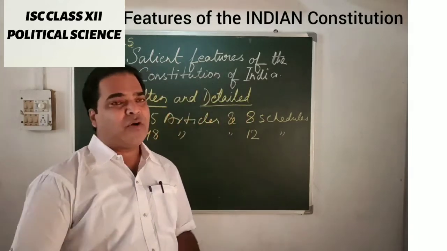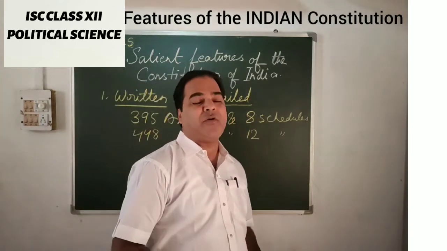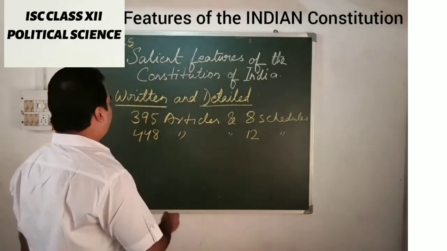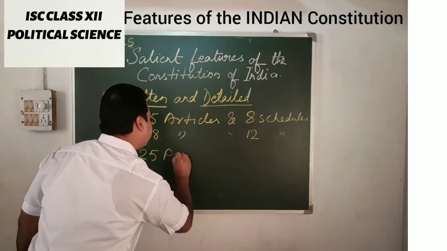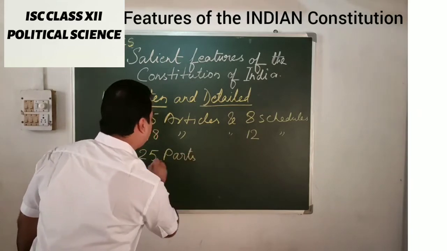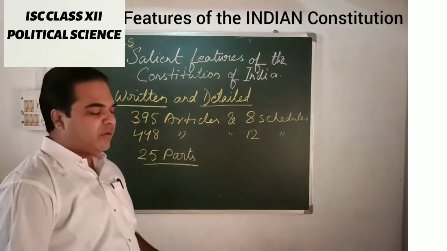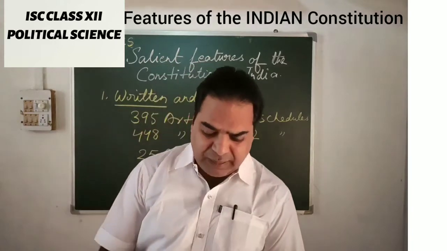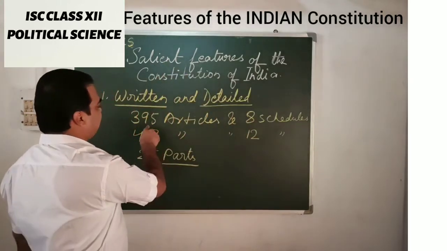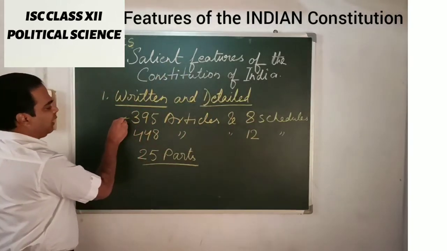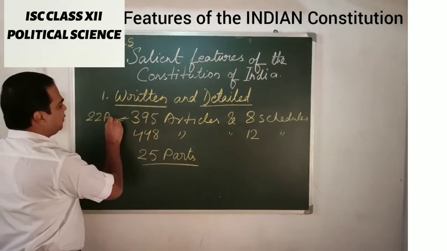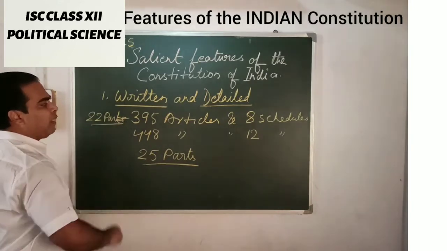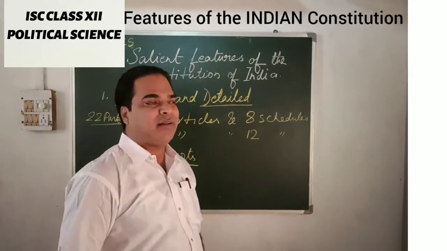And these 448 articles are grouped into 25 parts. Before, when it had 395 articles, it was divided into 22 parts. So this is all about the written and the detailed constitution.